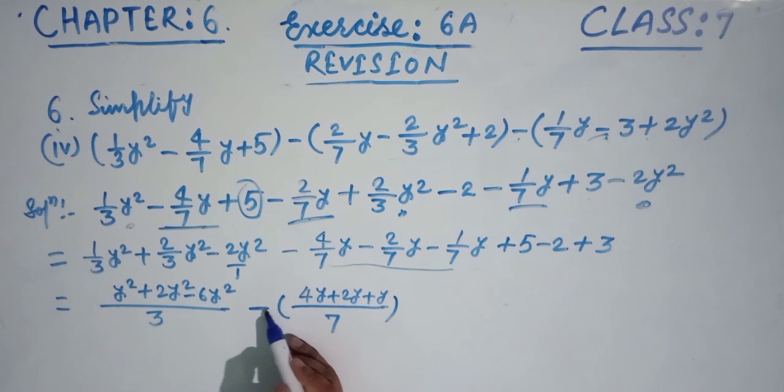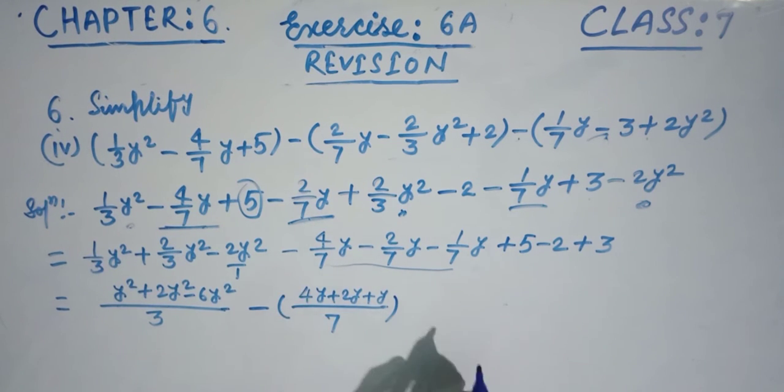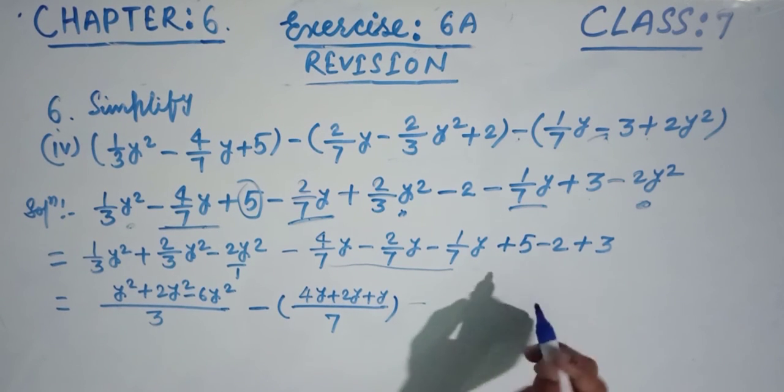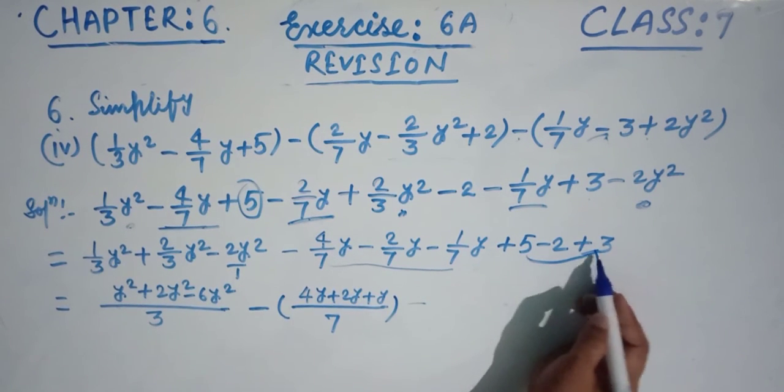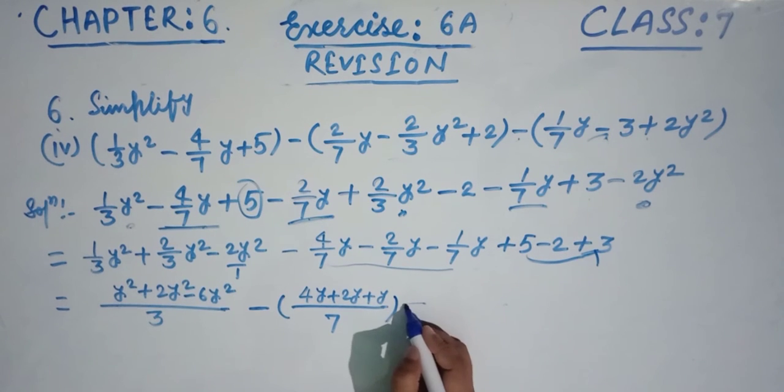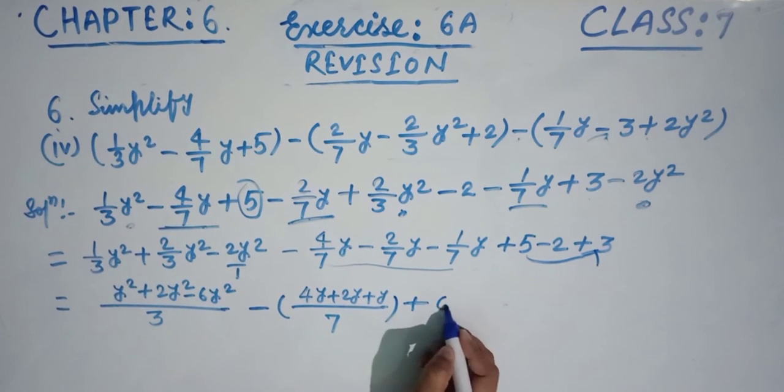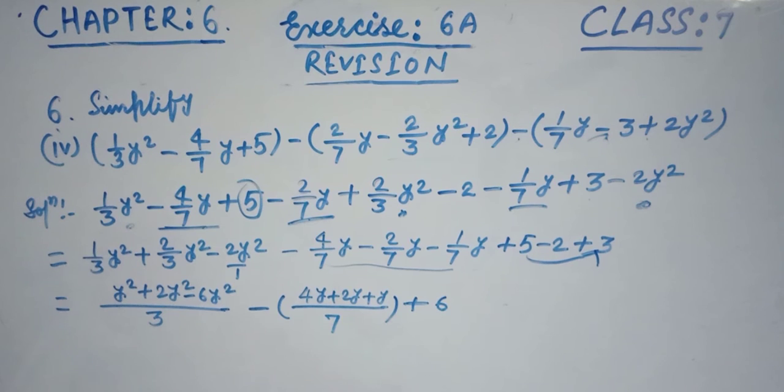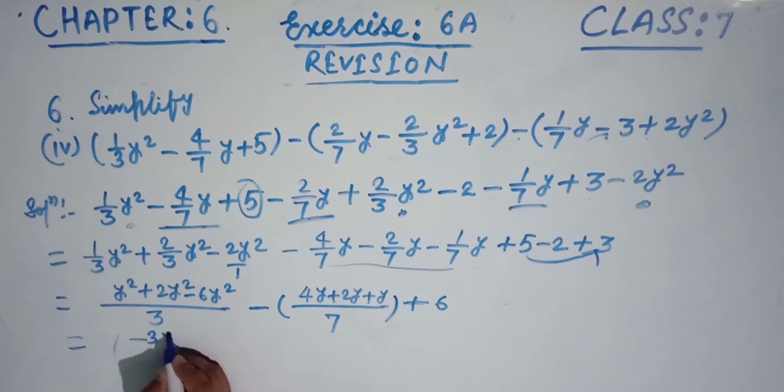Then multiplying with this minus sign, we will get the same expression. Plus 5 plus 3, 8, 8 minus 2, this is plus 6. So this is y square plus y square, 1y plus 2y, 3y square; 3y square means 6y square, minus 3y square by 3.